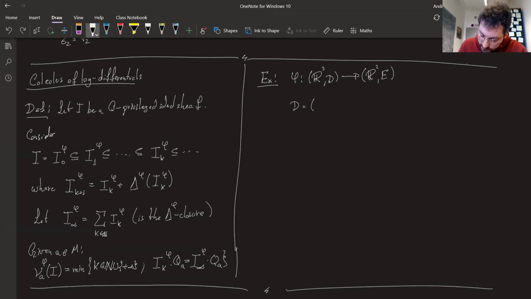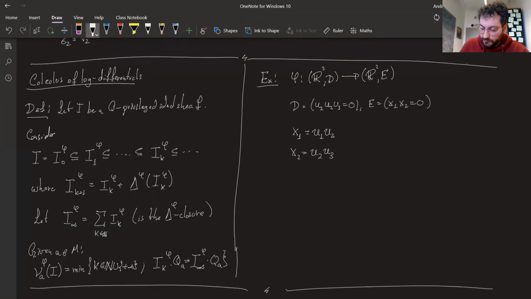Everything is not great. It's not easy for me to write on this tablet. Equal to 0. And we take again this one: x1 equals u1 u2, and x2 equals u2 u3.